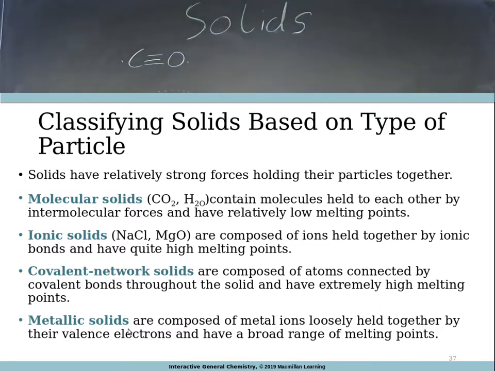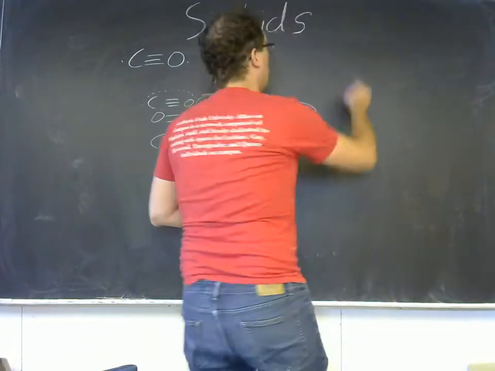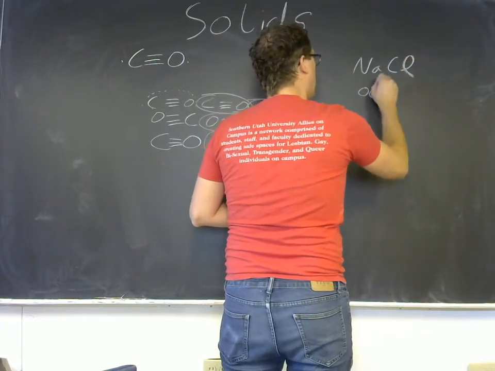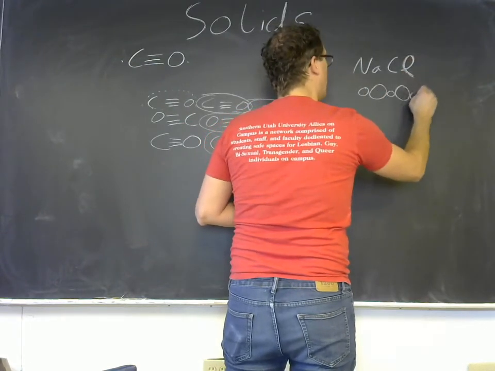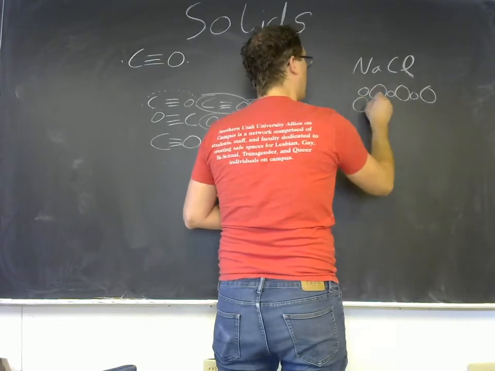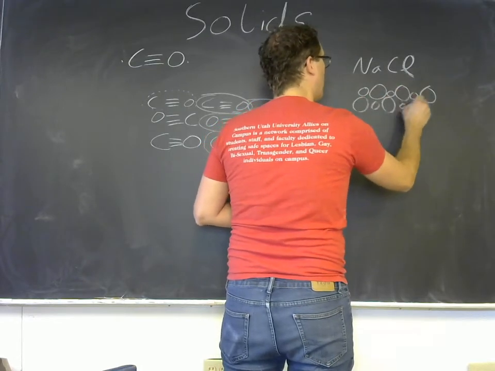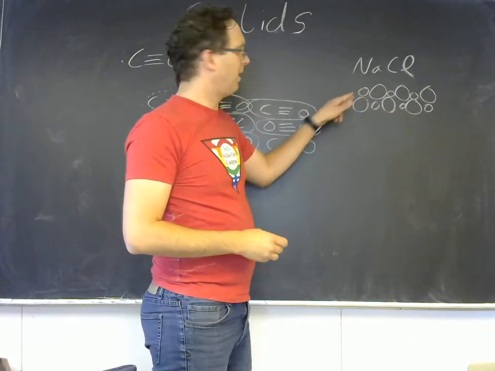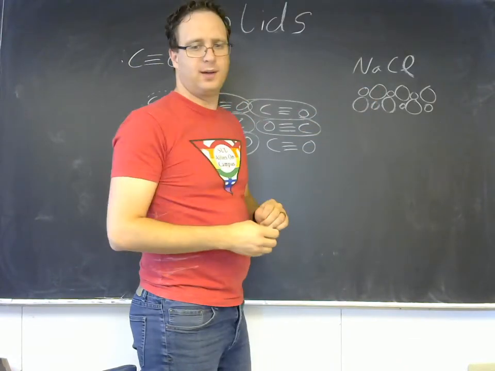The next are ionic solids. Let's look at sodium chloride, for example. The sodium are the little atoms and the chloride are the big atoms.